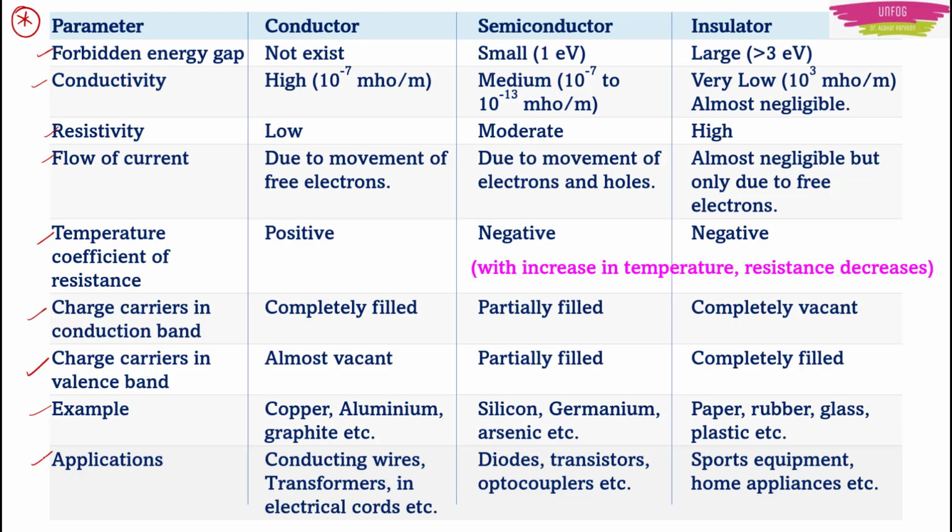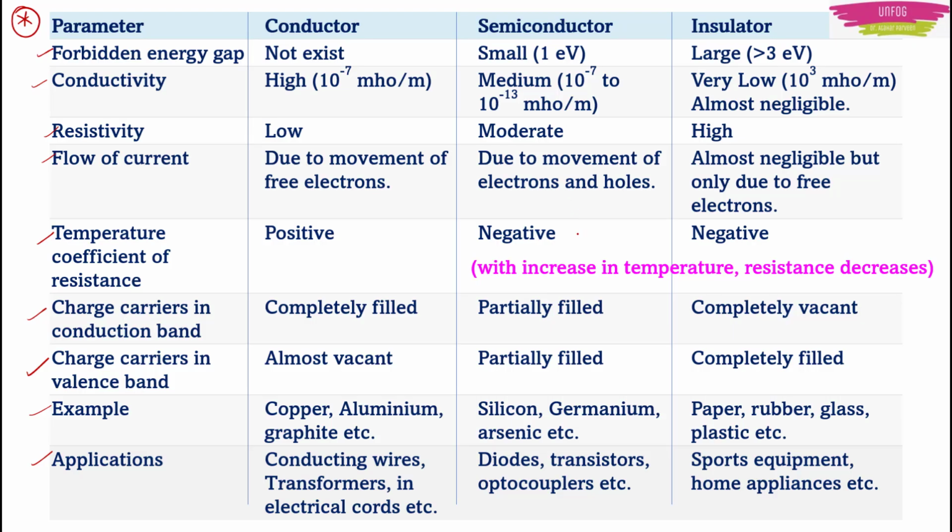The energy is increased in that semiconductor or insulator. The electrons will gain energy and they will move freely to conduct. That's why increase in temperature means you are increasing the conductivity. Increasing the conductivity means you are decreasing the resistivity, or the resistance of that material decreases. That's why we say that temperature coefficient of resistance is negative.